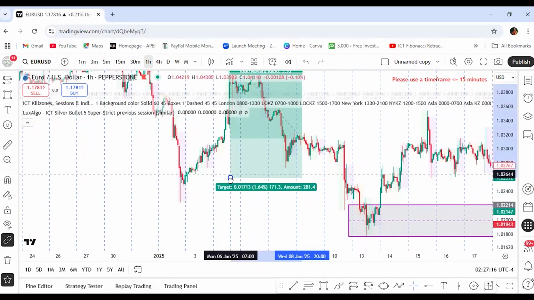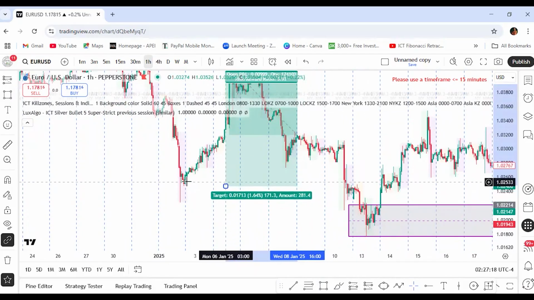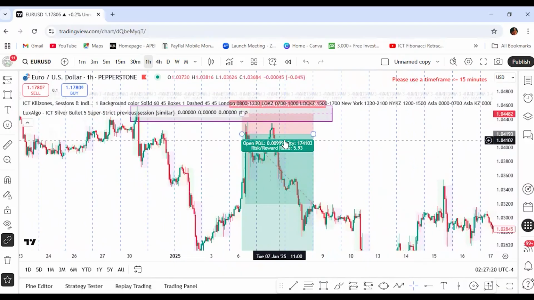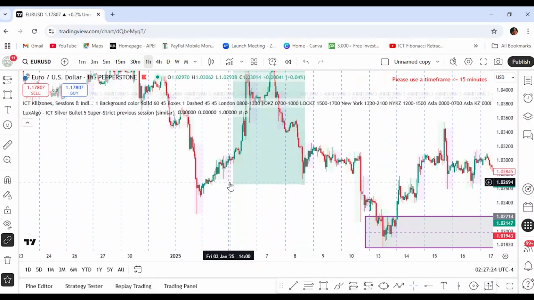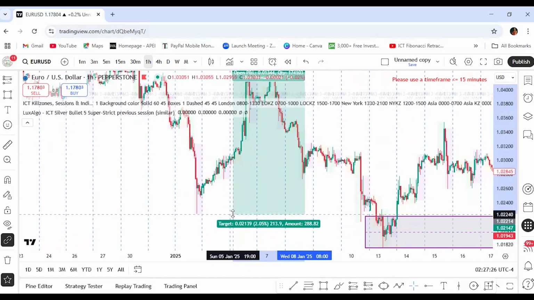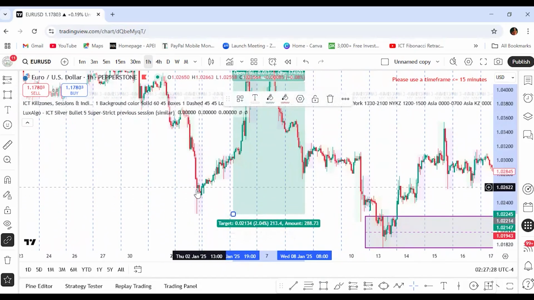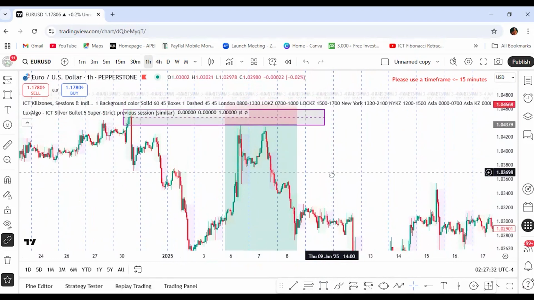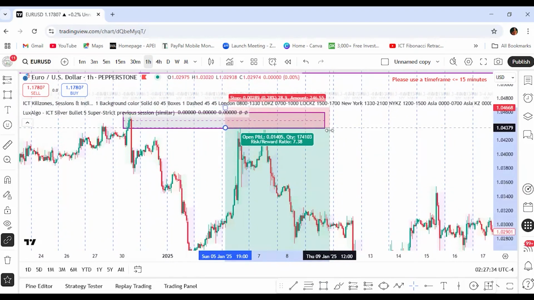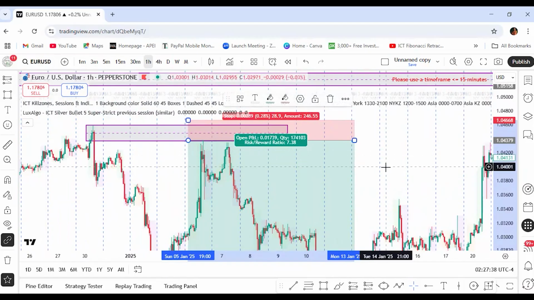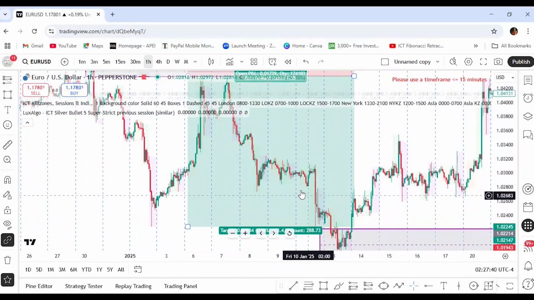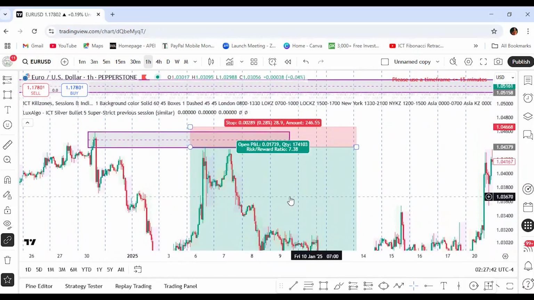But you can also still target these particular liquidity levels here, all right? Or maybe you can have it at this particular level. But initially, you see the price pushes down all the way to this TP here, and that gives you a risk to reward ratio of 1:7.38.